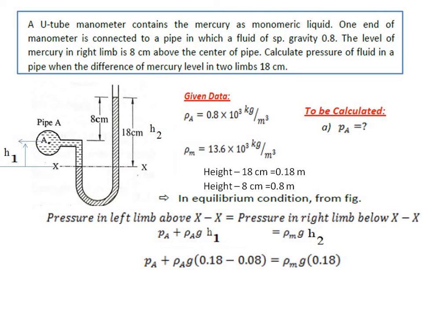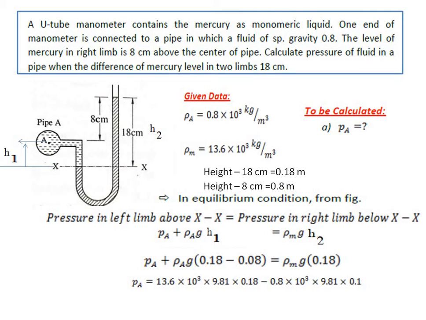So from the above equation we can write PA plus rho A into g into the height difference h1 is equal to rho M g into height h2, 0.18. So we can write PA is equal to rho M g into 0.18 minus rho A g into 0.1.